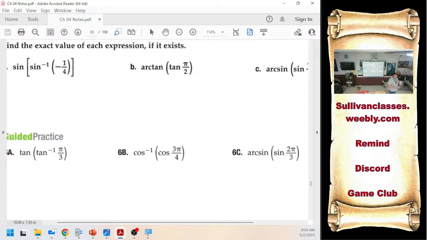Remember, don't just rely on the calculator for these. Sometimes the calculator is going to send you on a wild goose chase.